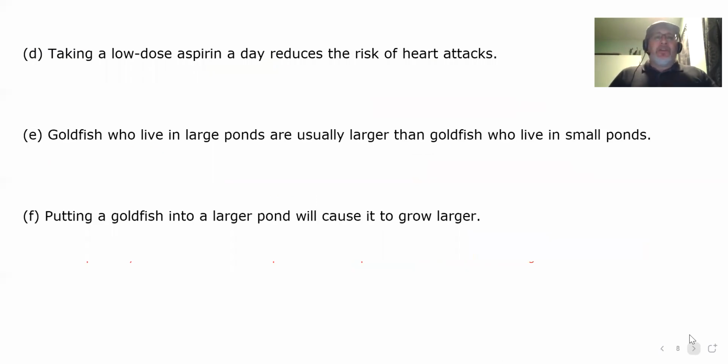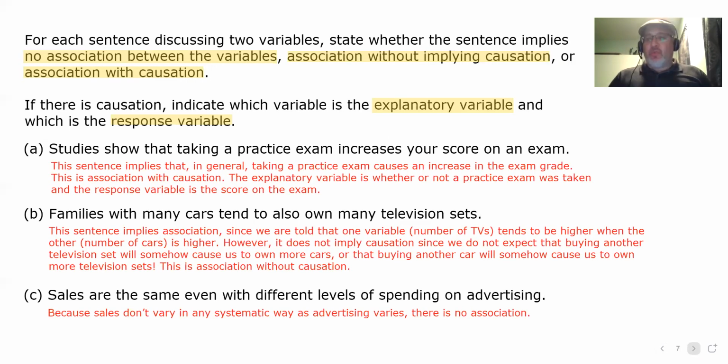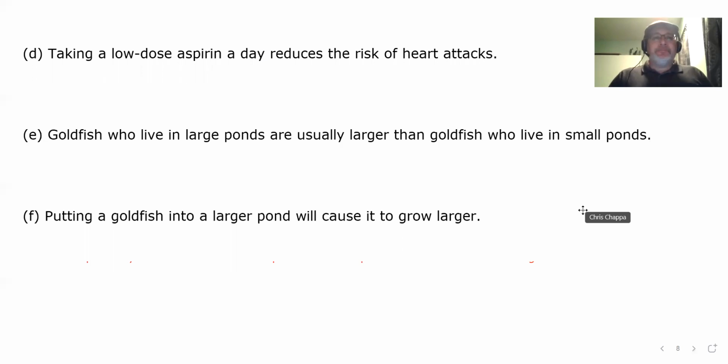Three more examples. D, taking a low-dose aspirin a day reduces the risk of heart attacks. No association, association without implying causation, or association with causation? Which one do you think it is? Well, it's saying taking a low-dose aspirin, so increasing the aspirin intake, and risk of heart attack goes down. So they're changing simultaneously, one going up, one going down.